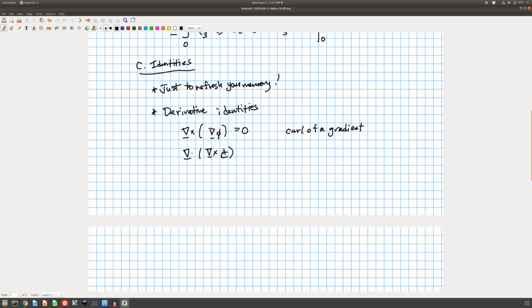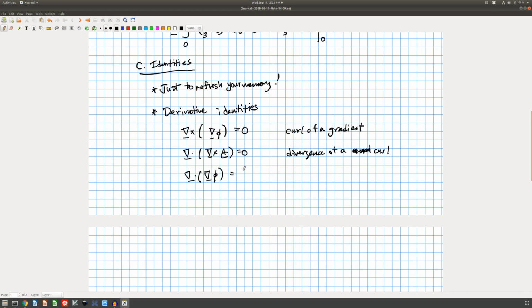So if I have some vector A and I take the curl of it and I take the divergence, that's also 0. So this is divergence of a curl.